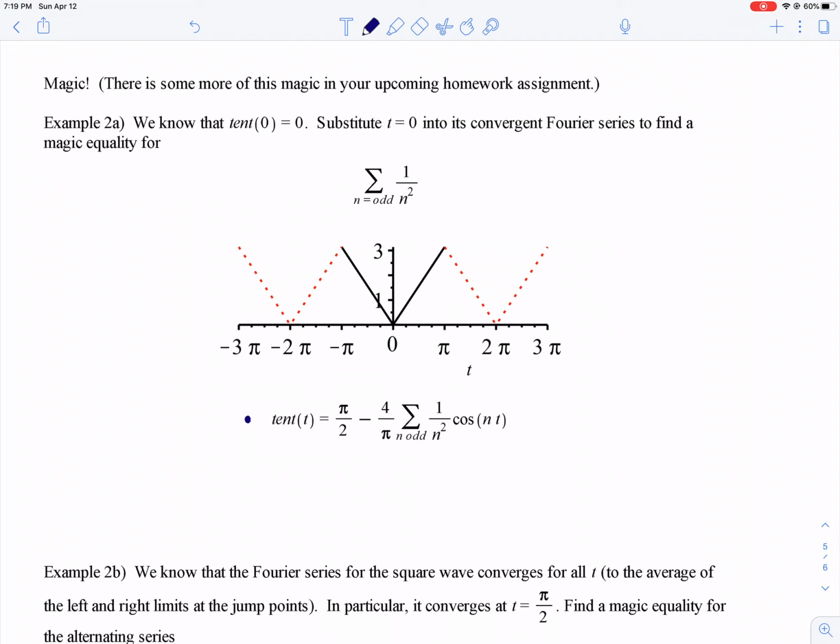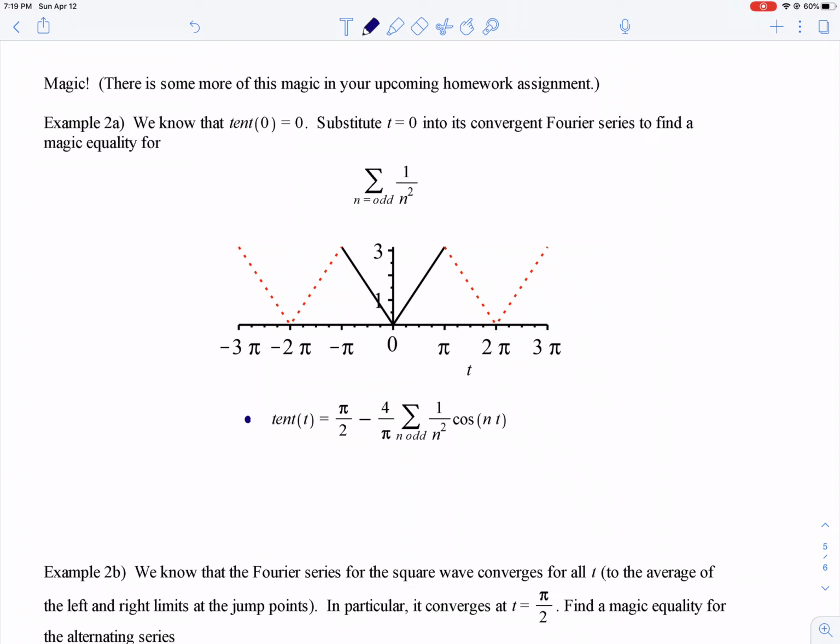So here we have the formula for the tent function. We know from our convergence theorem that it converges wherever the function is differentiable, and if there are places where it's not differentiable but it's piecewise continuous or continuous, it'll converge to the average of the left and the right limits.